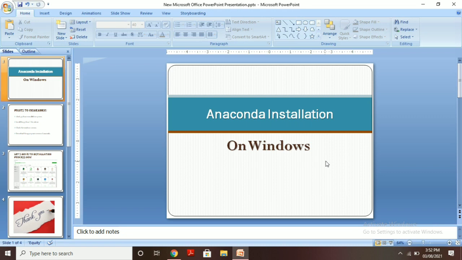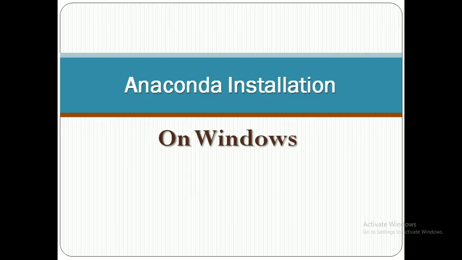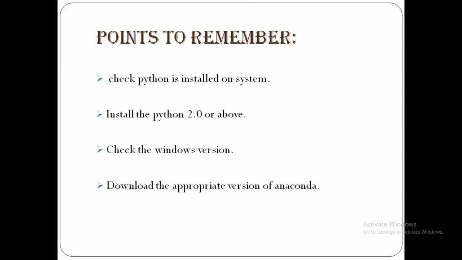So we'll start. Before installation of Anaconda, there are some points that you have to remember. First, we have to check whether Python is installed in our system, and we have to check which version of Python is installed in our system.